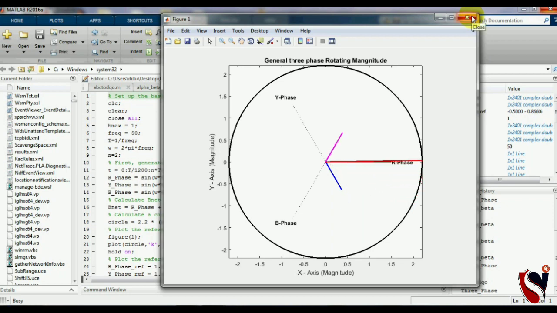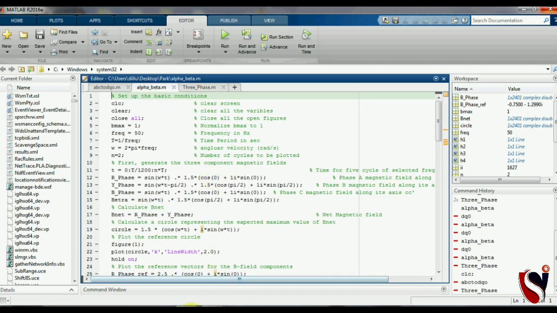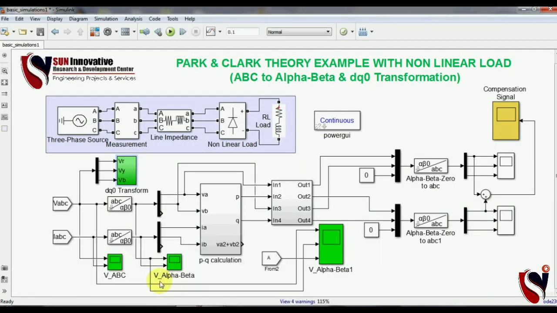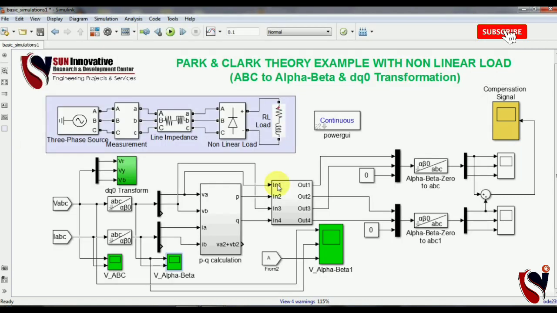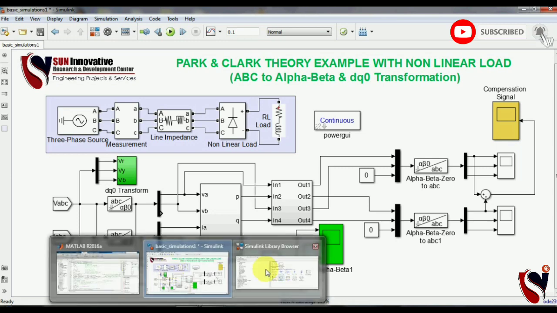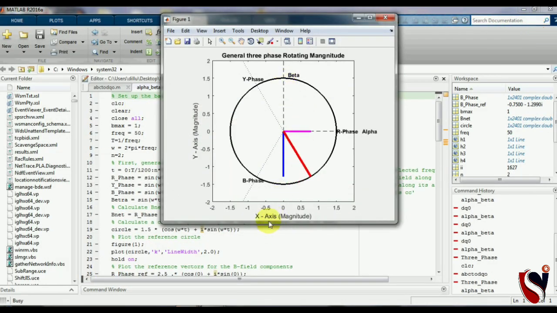And next, once this 3-phase system is converted to alpha beta, you have to remember, for simplicity I will show you again what alpha beta is. Alpha beta means 3-phase to 2-phase system. So let me show you the phasor diagram for this. Guys, you can see here the 2-phase, R phase and B phase.